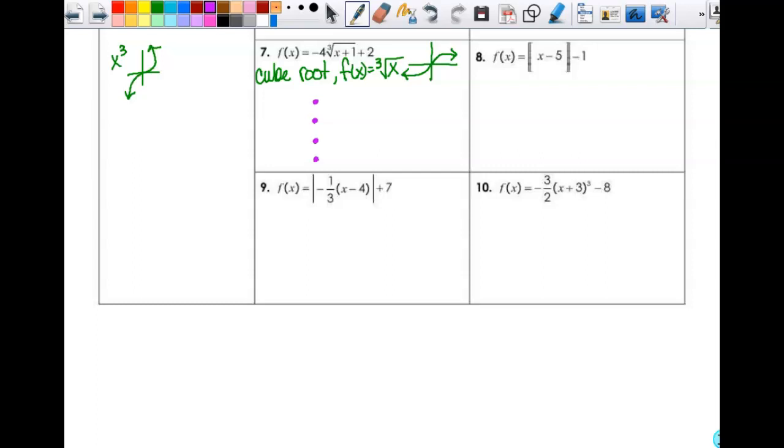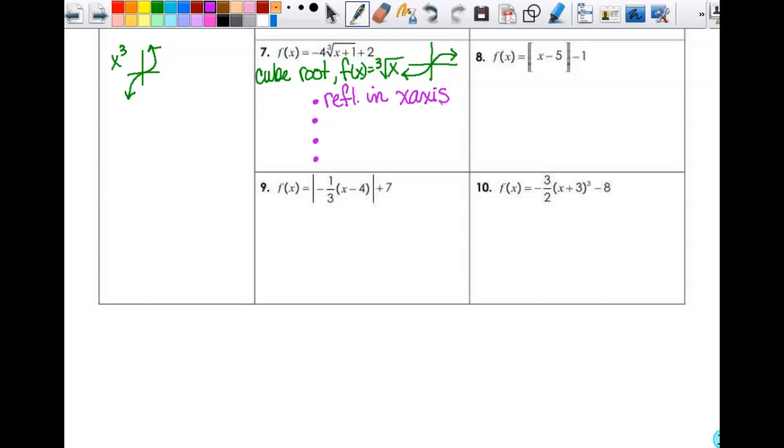So we start with that negative. I know if there's a negative that's being multiplied, that means it has to be a reflection. Is it inside or outside the operation? Outside, so it affects y. And if we change the sign in y, we reflect in x. So then I have the 4, which is also on the outside, which affects y then.